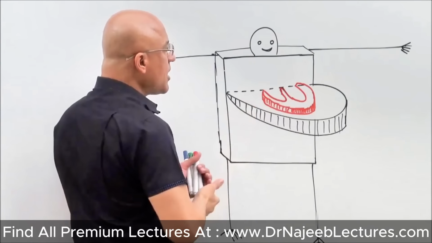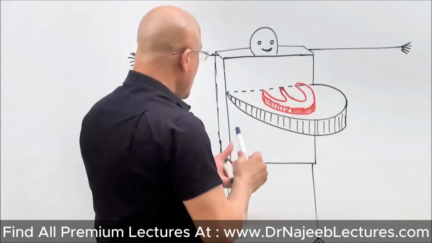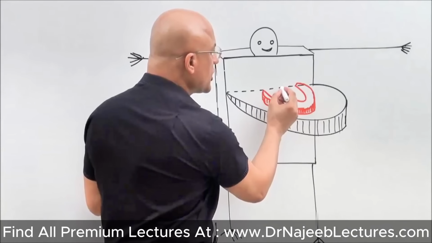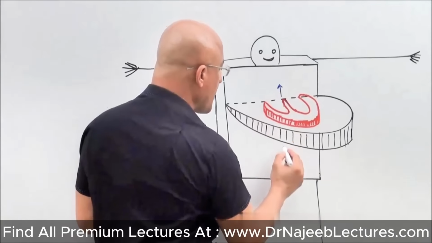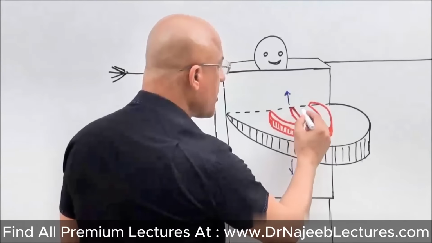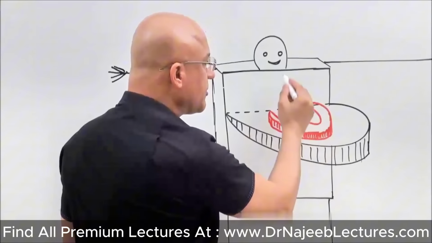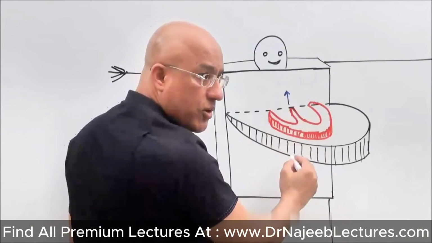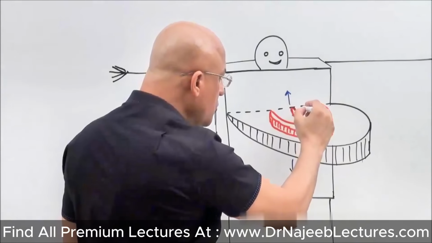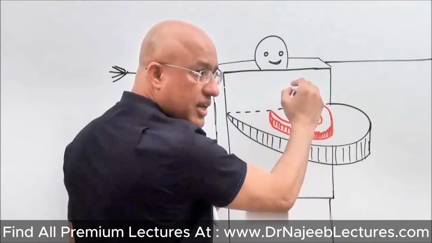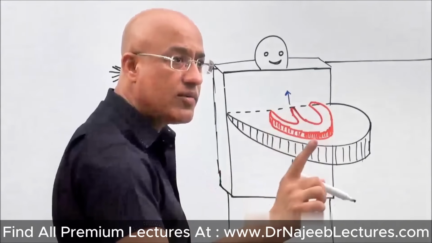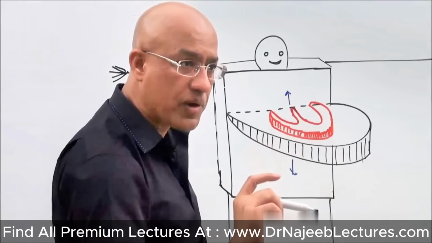Now, when electrical activity is initiated by the heart, it may go up, it may go down, it may go right, or it may go left. This right-left movement and up and down movement is along the frontal plane, but it may also move anteriorly or posteriorly. This movement is along the horizontal plane.